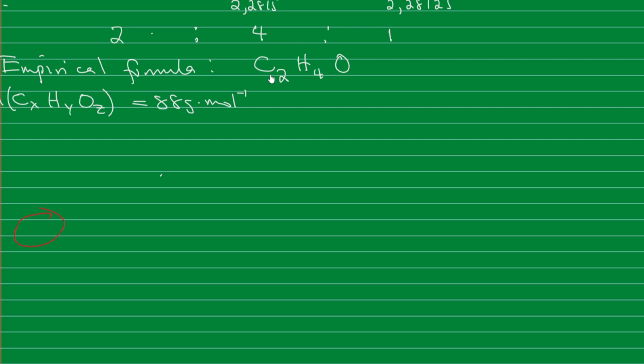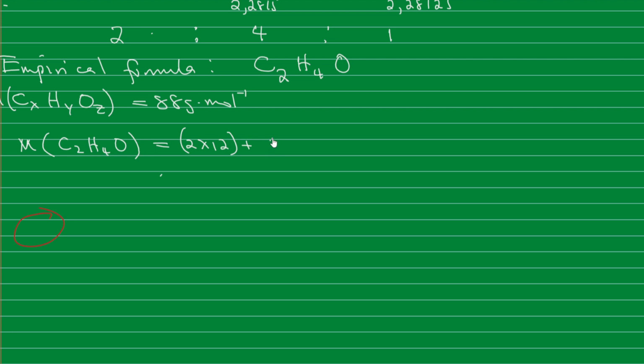Now to do that, we need to find what is the molecular mass of our empirical formula. So I will do this: M, the molecular mass of C2H4O, is how much? We have 2 carbons, so that will be 2 times 12, the molar mass for carbon, plus hydrogen.